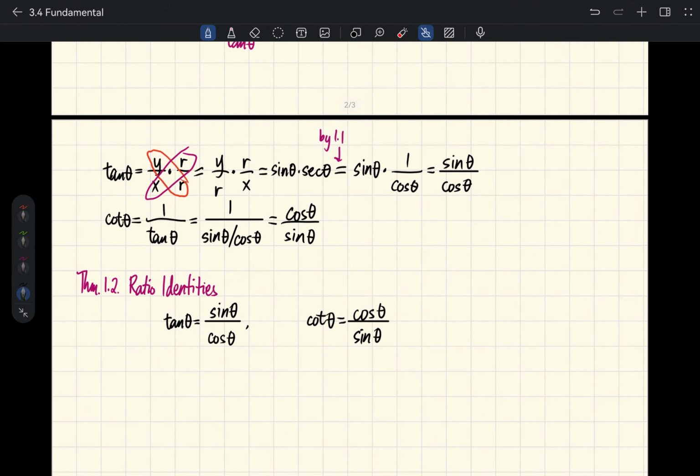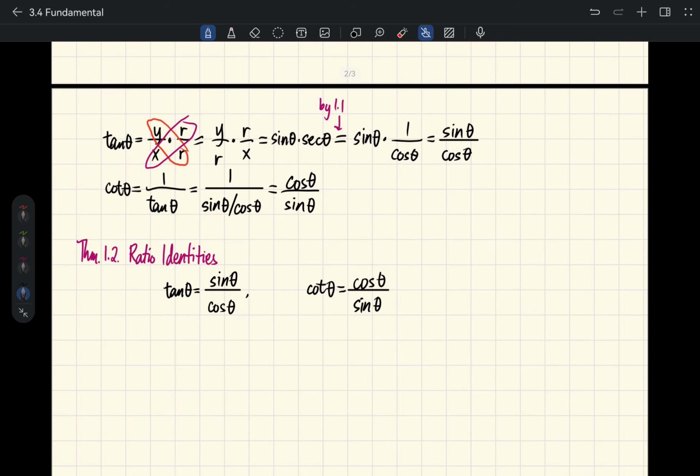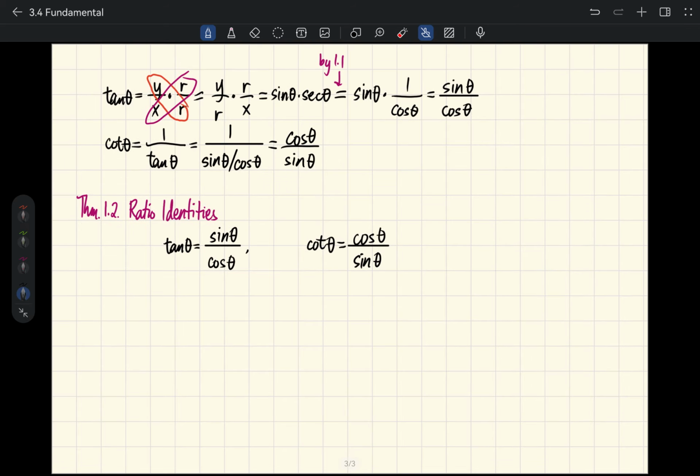That's not the last of our fundamental identities. We can also derive the so-called Pythagorean identities. So, what are those Pythagorean identities? First, let's consider the point function.